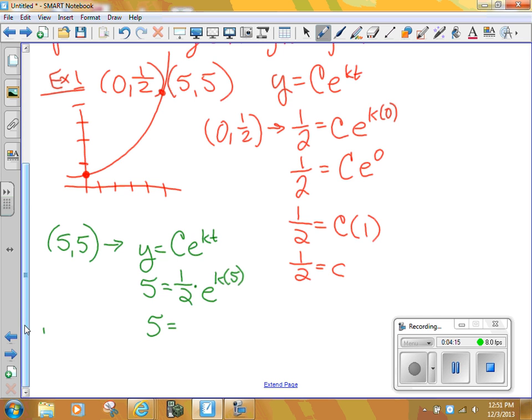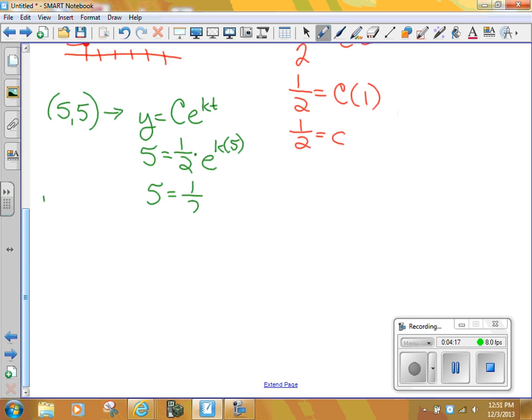All right. Now, let's think about what's going to happen. 5 = 1/2 e^(5k). What do we have to solve for? I've got to solve for k. If I divide by 1/2, multiply by its reciprocal, which is 2, what I do to one side, I have to do to the other.